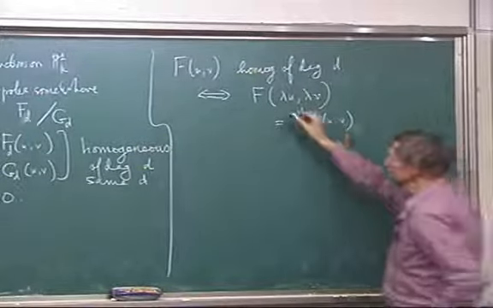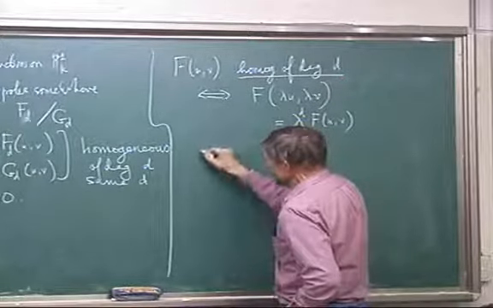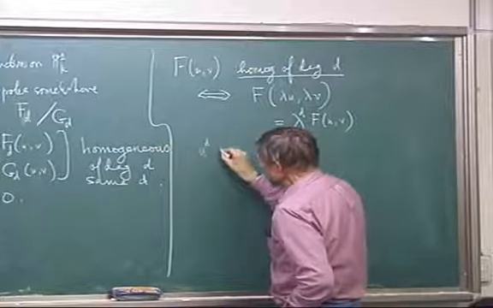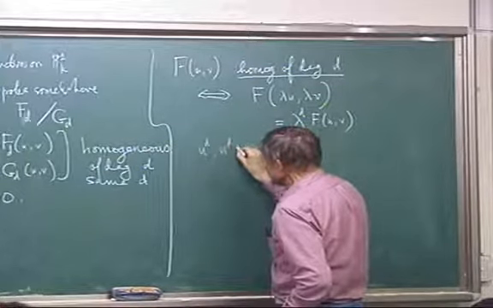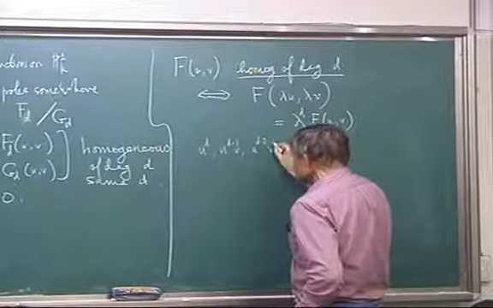Homogeneous of degree d means, for example, u to the power of d, or u to the power of d minus 1 times v, or u to the power of d minus 2 times v squared, and so on.